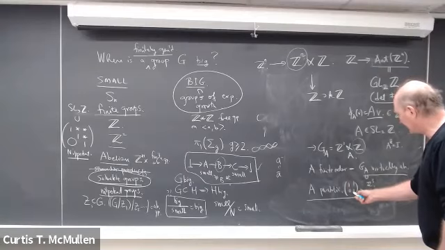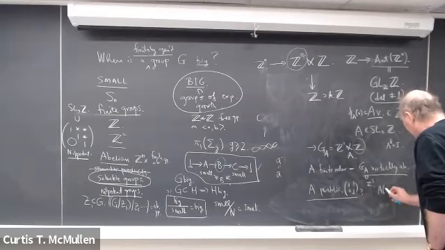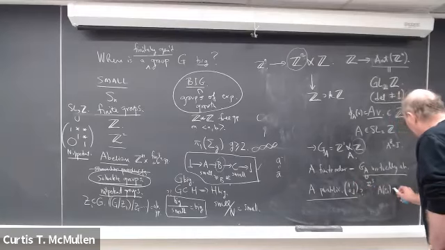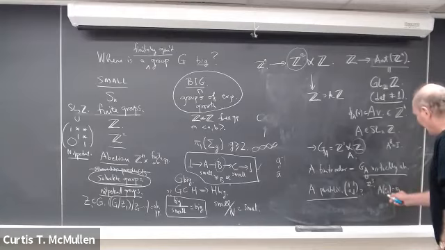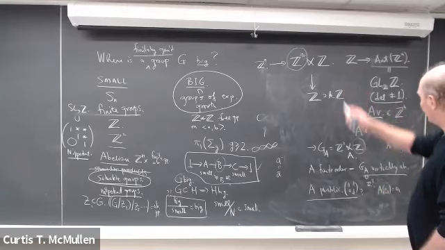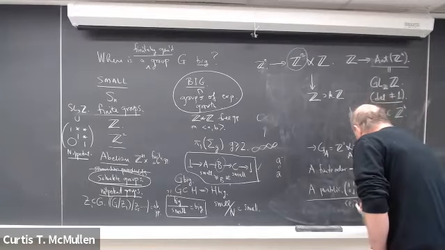So the point is that if we take the semi-direct product with a parabolic element, then A applied to the vector, let me just call it E1, in other words, the vector 1, 0, is equal to E1. So multiplication by A commutes with E1, addition by E1 also commutes with addition by E2. So the subgroup generated by E1 here is central.